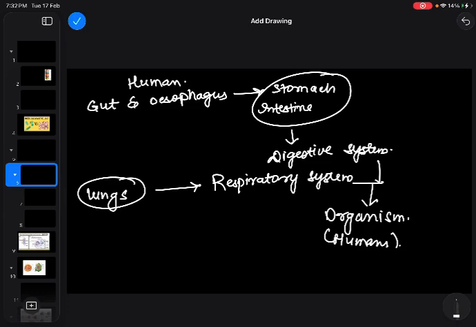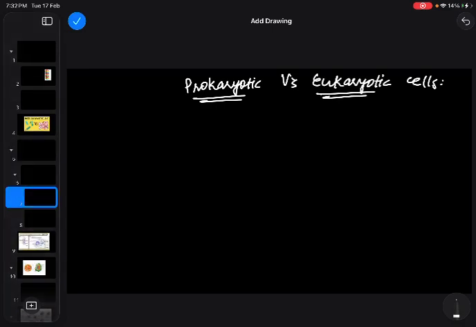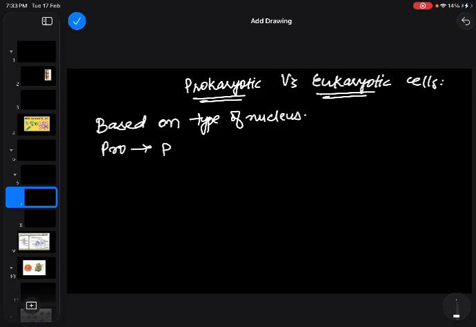So now that we have seen this, we'll now see how other classification which is based on type of nucleus present in them. So they are prokaryotic and eukaryotic. So when we say prokaryotic, pro means primitive, karyon means nucleus.